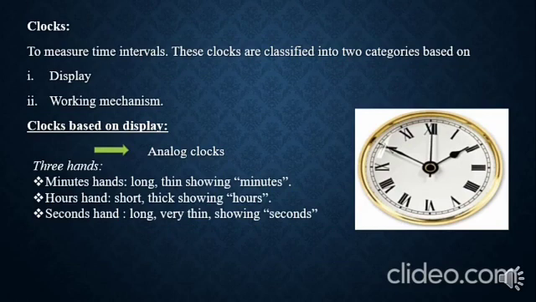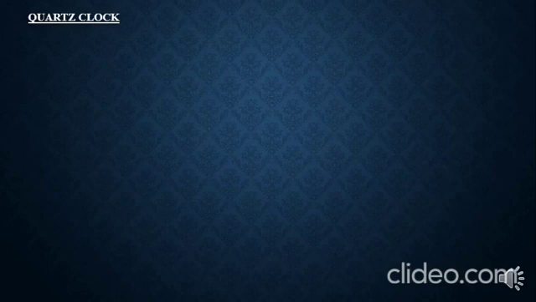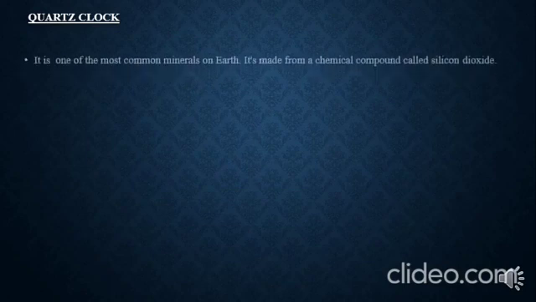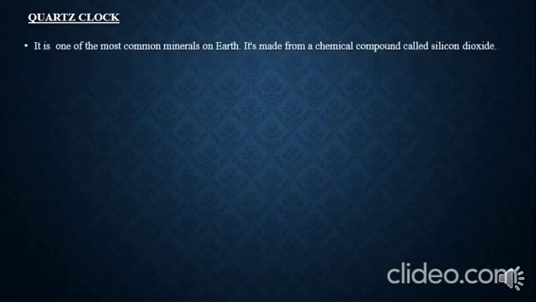The second one will be a digital clock, which we all know. Now let's see the clocks based upon the working mechanism. Under this, the first one is the quartz clock. Quartz sounds exotic, right? Starting with the letter Q, ending with the letter Z. But quartz is the most common mineral found on earth.